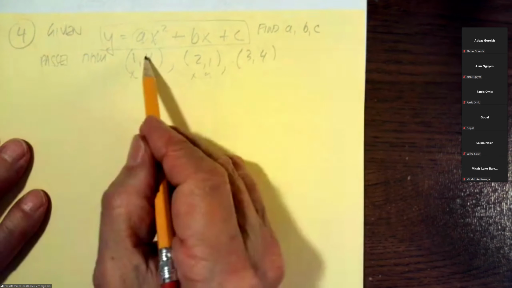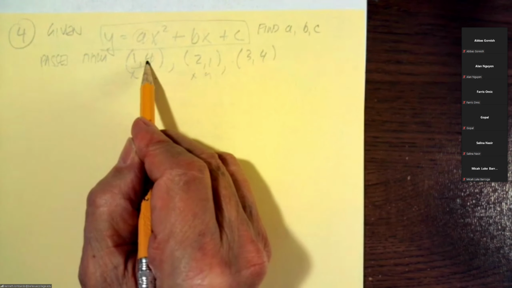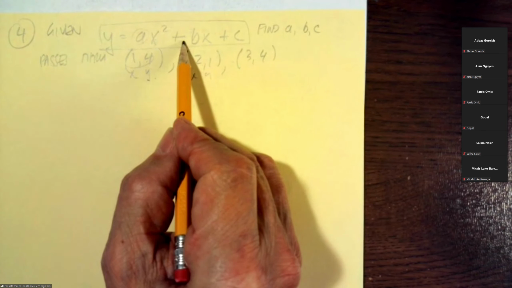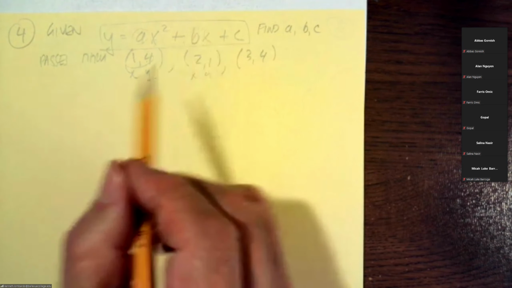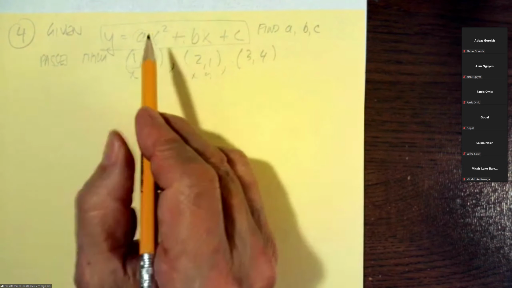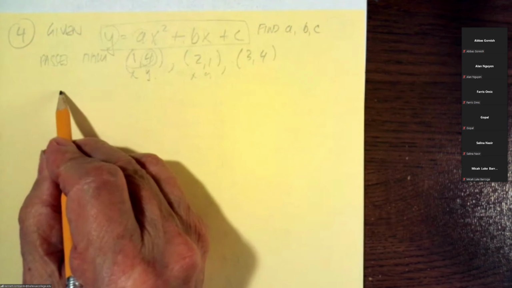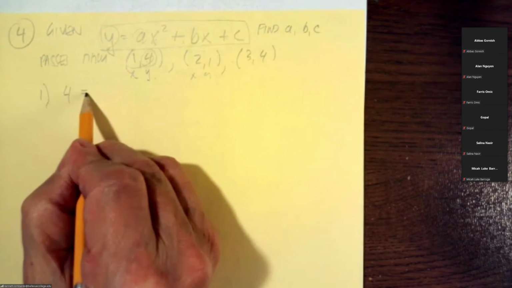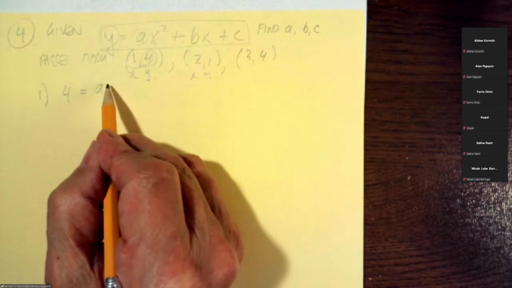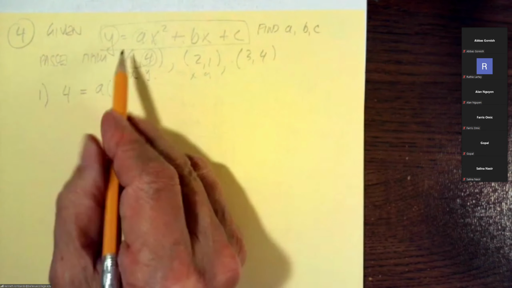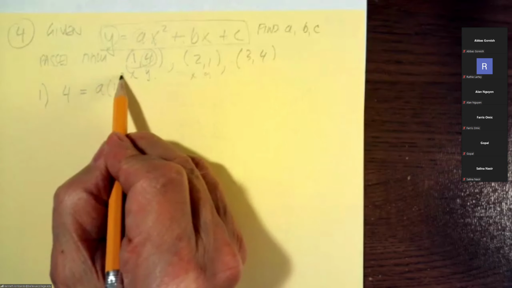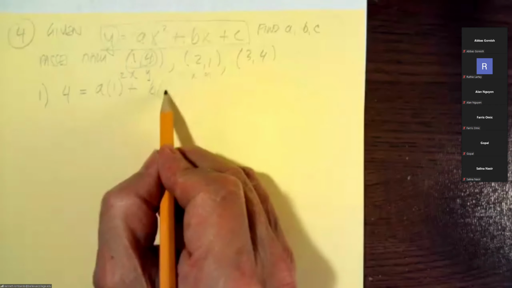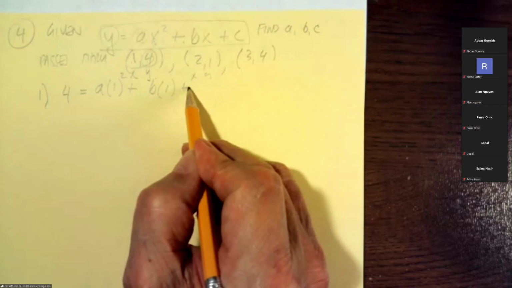So let's take the first point, x and y. So instead of saying y equals ax squared plus bx plus c, and y is 4. That's this y here, isn't it? So equation 1, 4 equals a times x, which is 1, squared, plus b times x, which is 1, plus c.